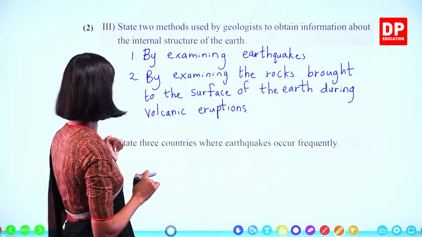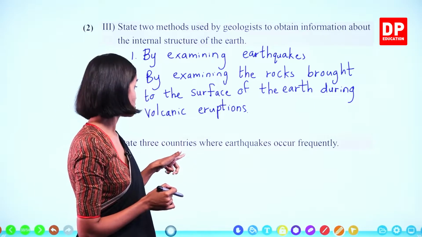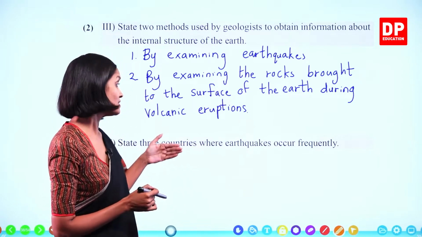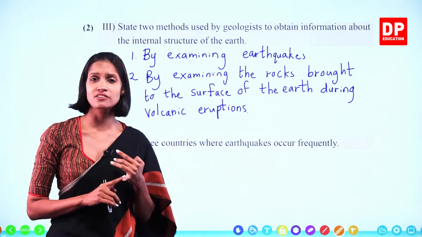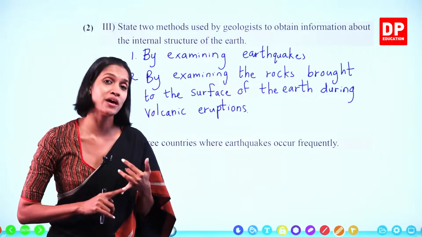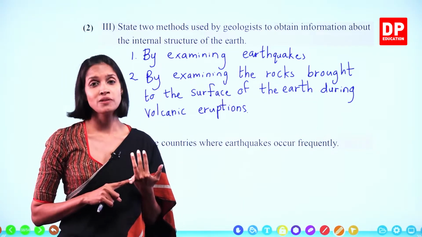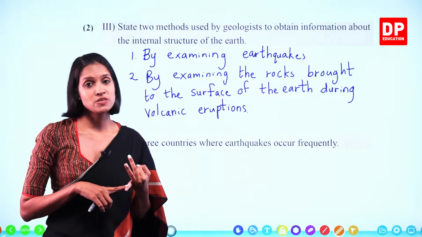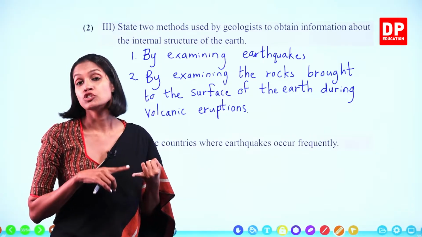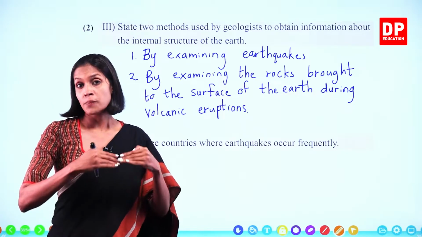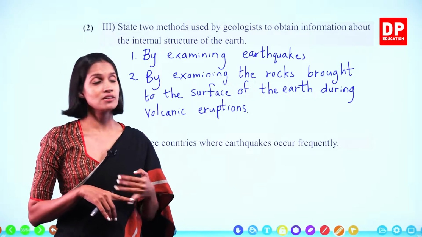Okay? Right. State 3 countries where earthquakes occur frequently. There are many countries that experience earthquakes all the time. What are these countries? We all know that Japan experiences these types of earthquakes. And China also experiences them, Indonesia, Philippines, right? And the USA. And the upper part of India also experiences them.